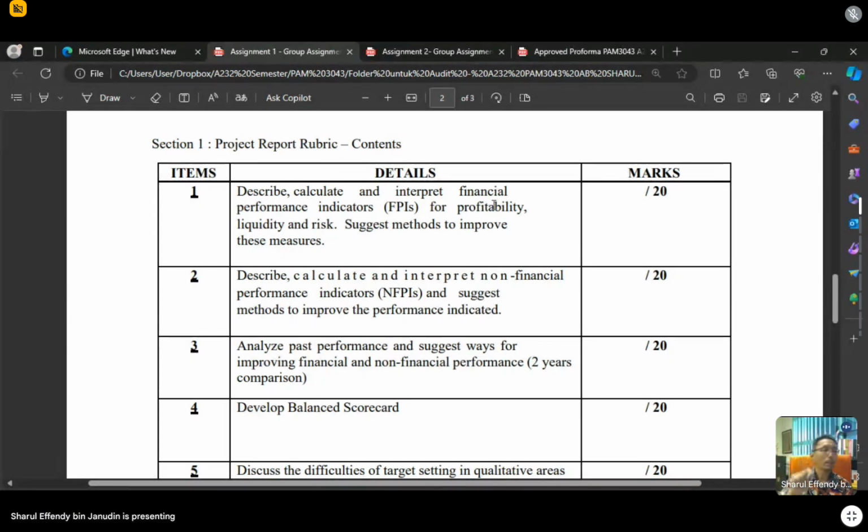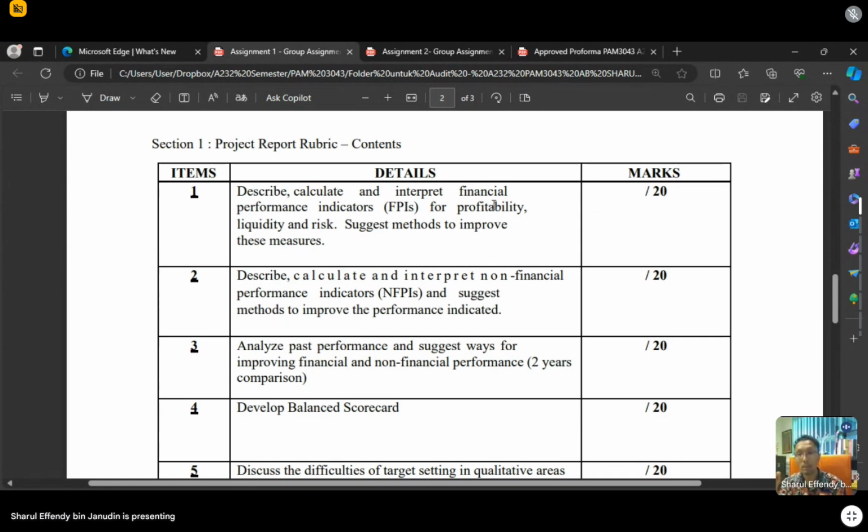So calculate using the latest financial statement that you have, for example 2023. So prepare the FPI for profitability, liquidity, and risk for 2023. Then suggest methods to improve these measures.